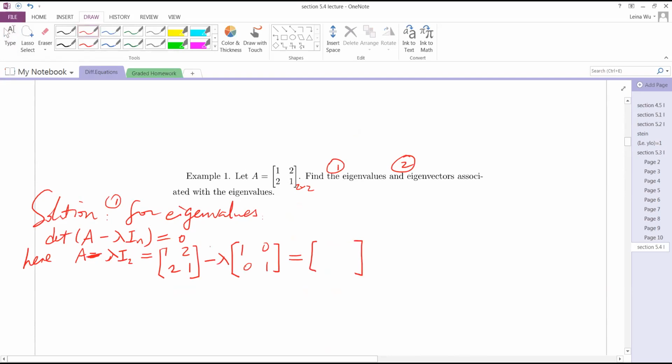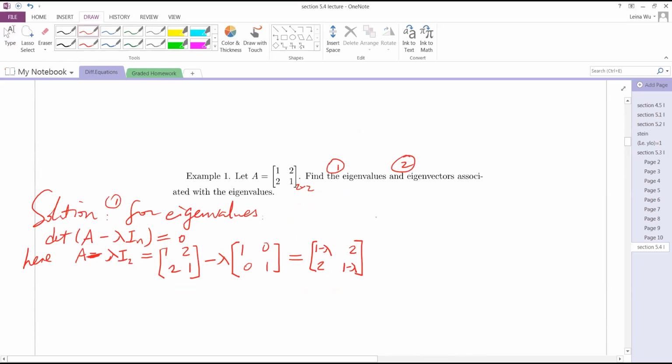So the first component would be 1 minus lambda. The second entry would be 2. The third entry would be 2. The last entry will be 1 minus lambda.